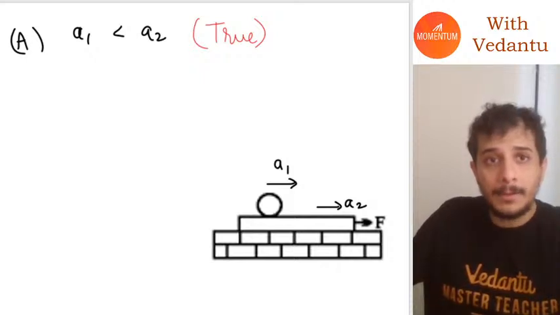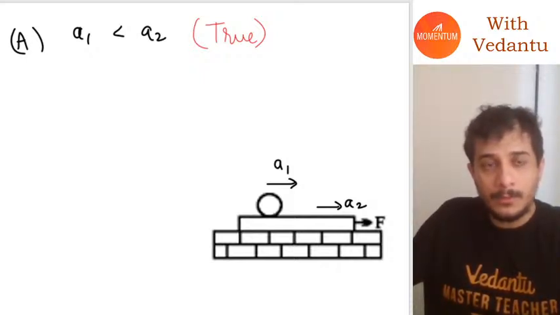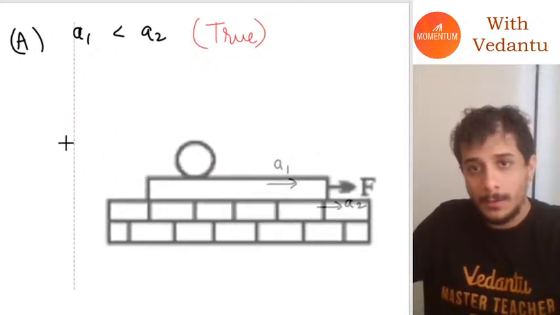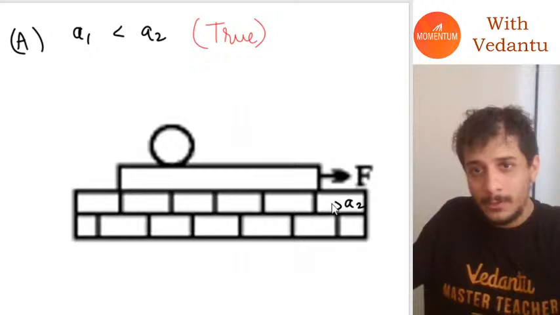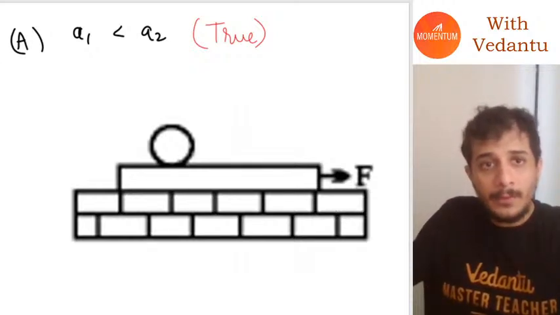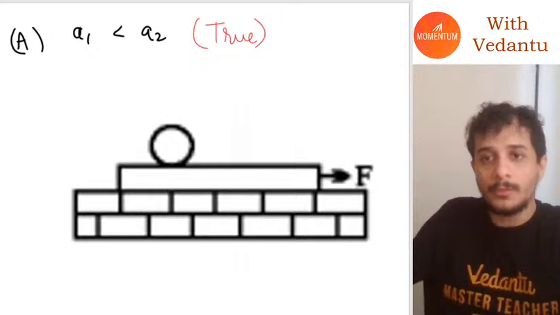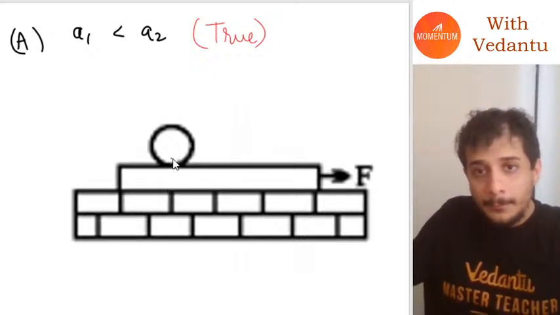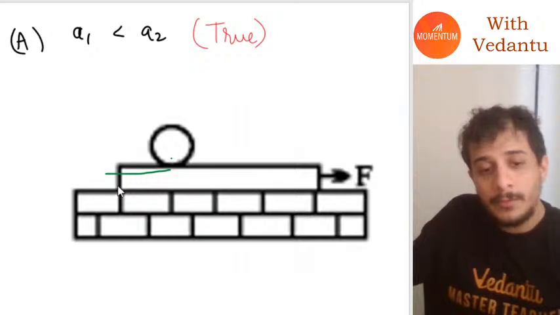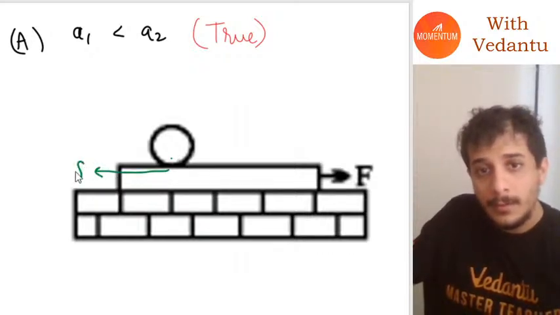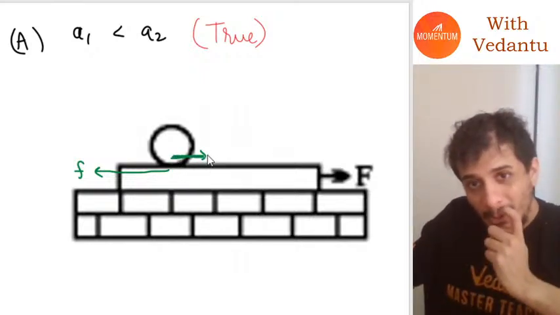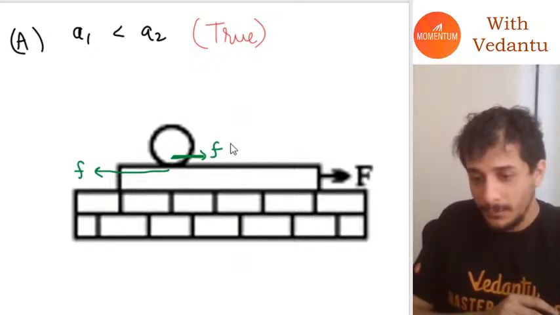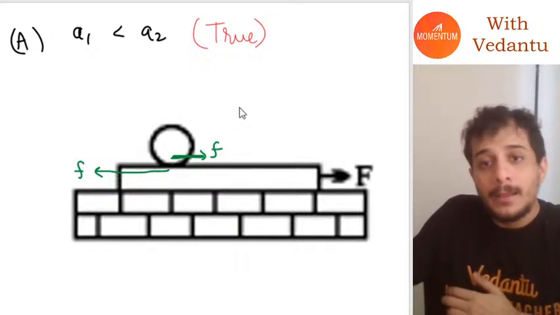Let me make this diagram bigger, and remove this a1 and a2 for a minute. So guys, what will happen is that when I start applying a force on the plank, there will be a force of friction due to the sphere on the plank in the backwards direction, and a force of friction due to the plank on the sphere in this direction.